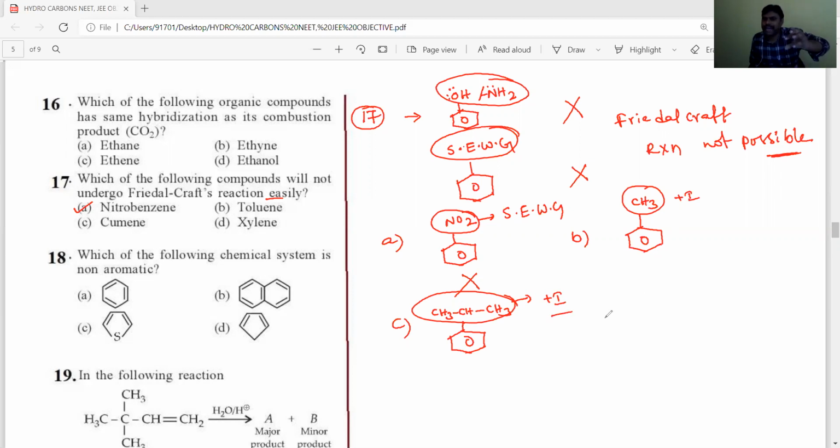These plus I groups act as ortho and para directing groups, so the incoming electrophile attacks at ortho and para positions. And xylene has three types: orthoxylene, metaxylene, and paraxylene. The benzene having two CH3 groups at 1,2, 1,3 and 1,4 positions is called xylene. Here I gave orthoxylene.